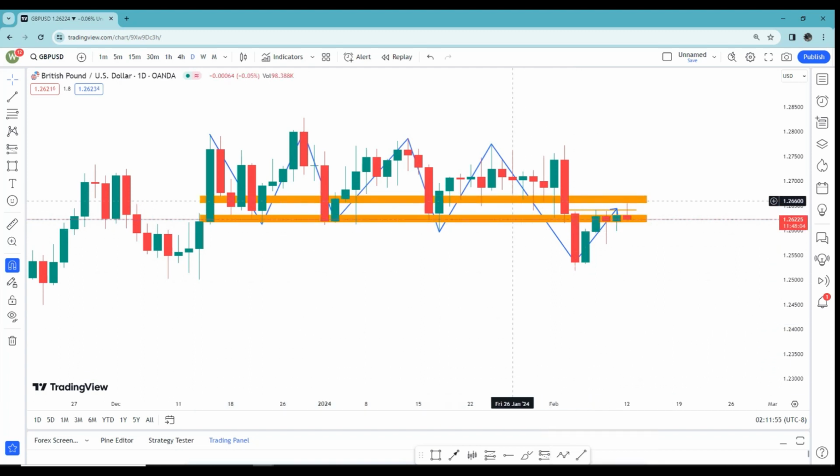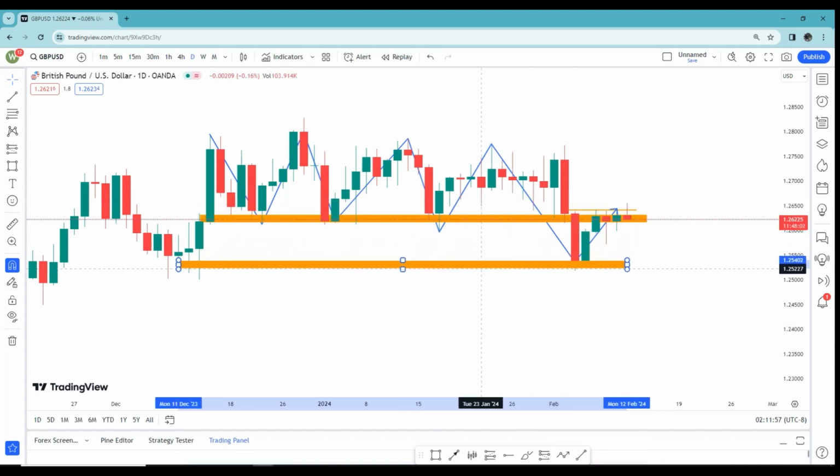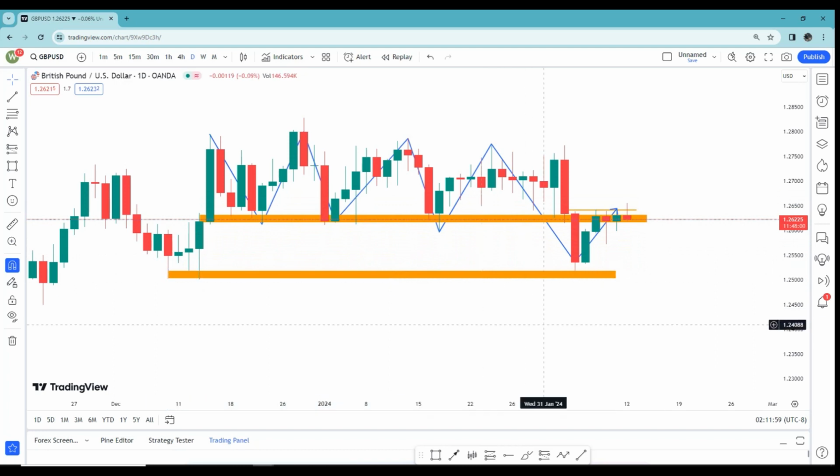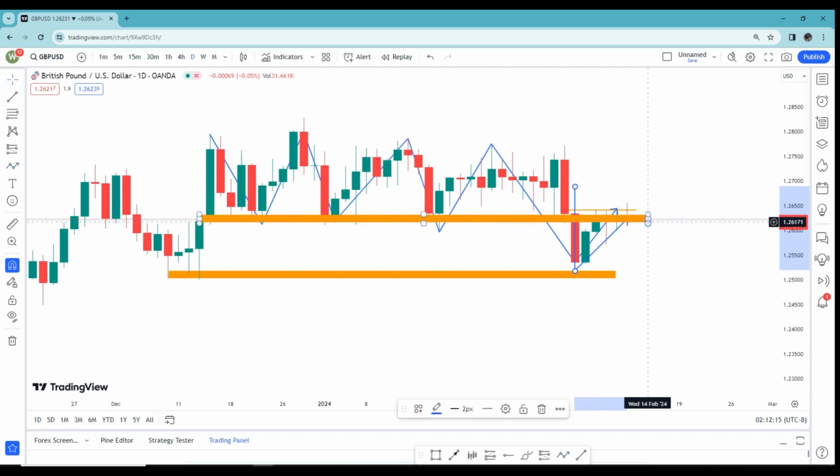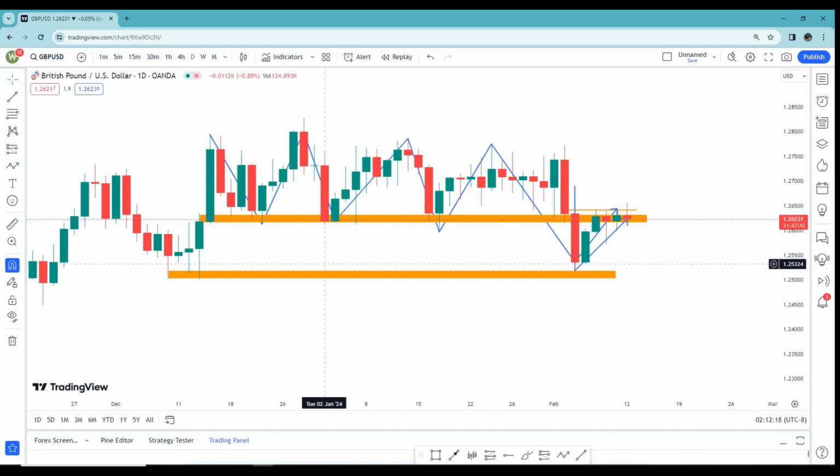After the market gave us the breakout at this point, it came through to this point, and after that it came back to this point. So what do we expect next?